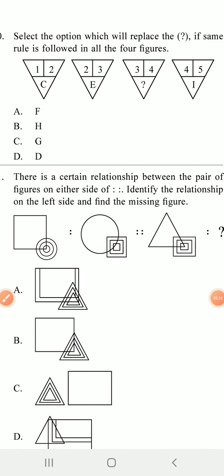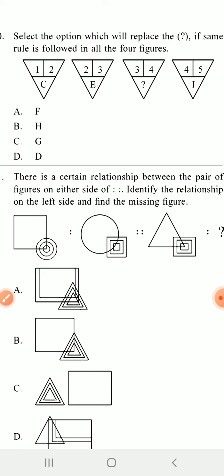There is a certain relationship between the pair of figures on either side of the double arrow. Identify the relation. So what is the relation of figure number 1 to figure number 2? The same relation applies to figure number 3 and figure number 4.